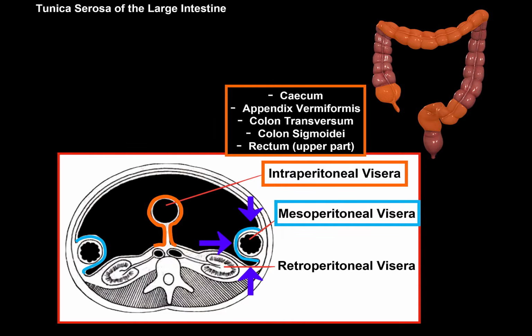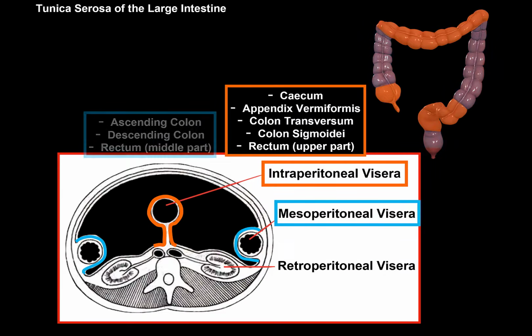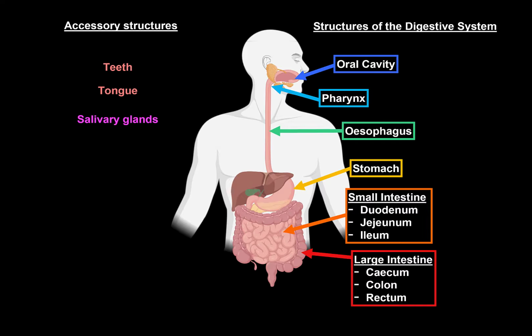So that means that these have the tunica serosa on only 3 different sides. And the last side, which is not covered, is covered by the tunica adventitia, or tunica fibrosa, which is a fibrous layer. Now the mesoperitoneal viscera include the ascending and the descending colon, and also the middle part of the rectum. So that was everything I had for the large intestine.